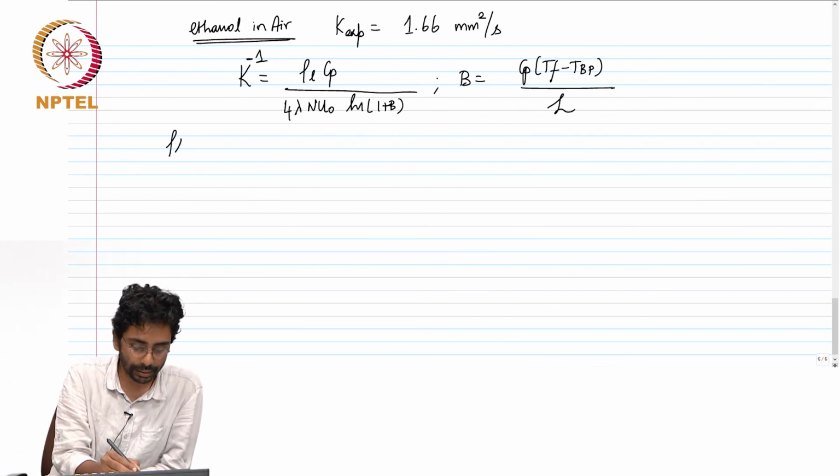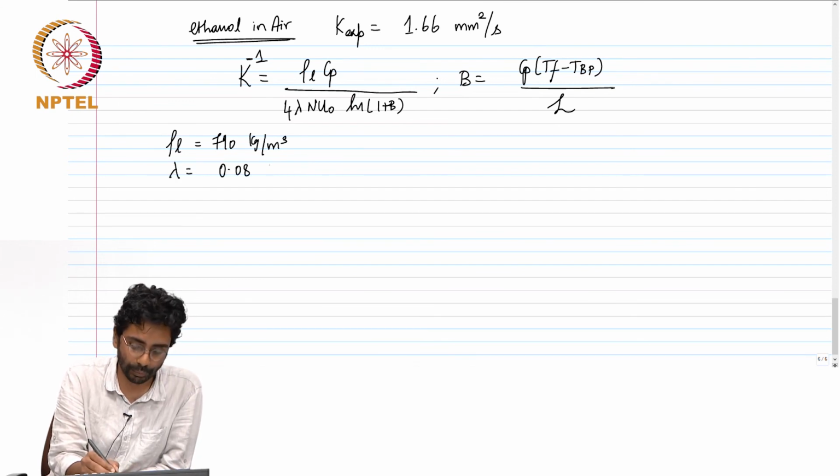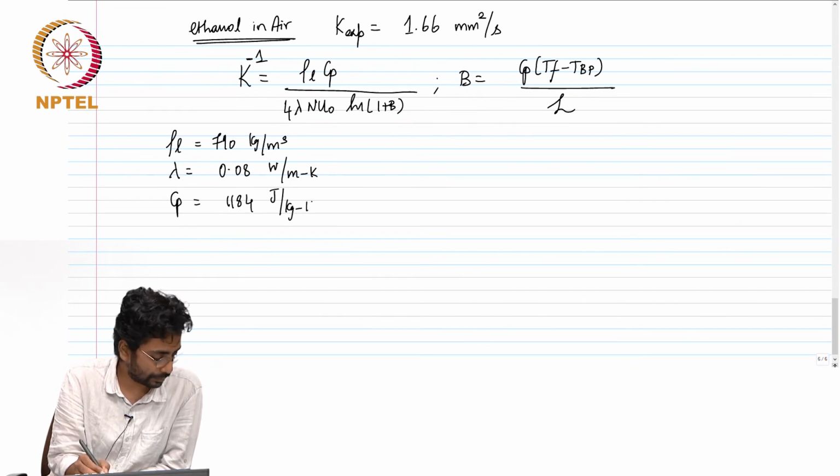Values for ethanol: density is 790 kilograms per meter cube. Thermal conductivity of the gases surrounding this is approximately 0.08 watts per meter Kelvin. Specific heat value is 1184 joules per kg Kelvin.